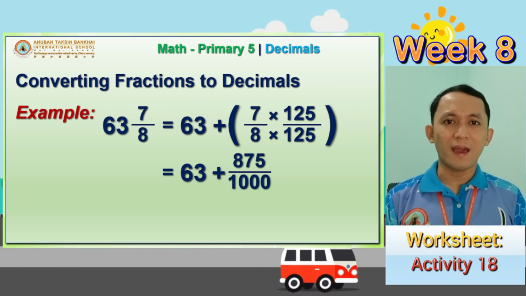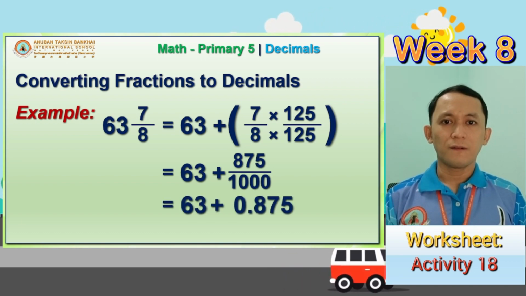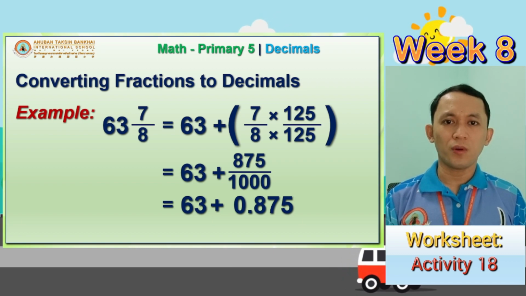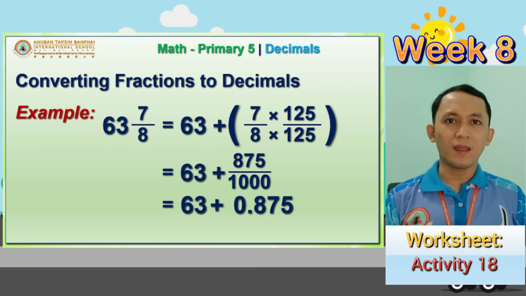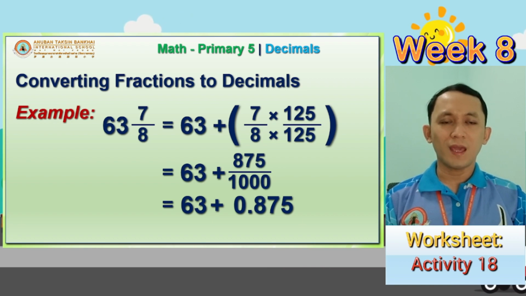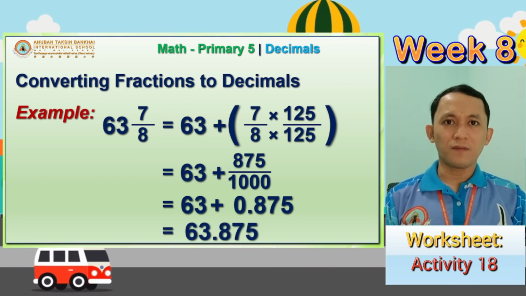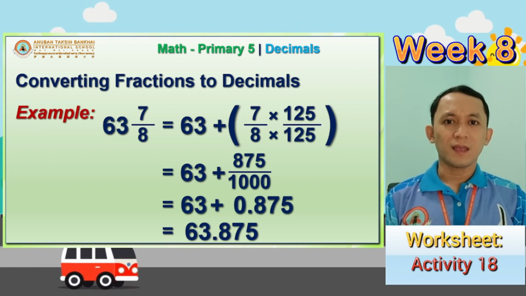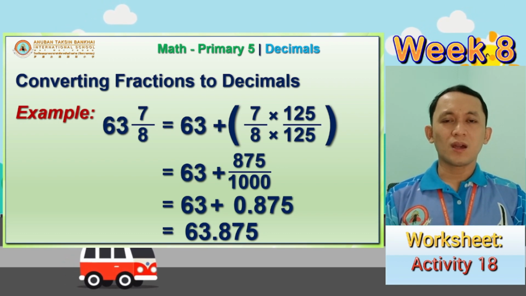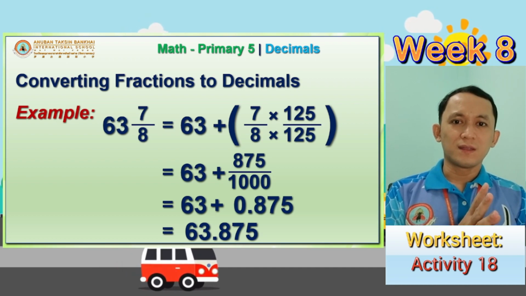We can write it as 0.875. So if we add this whole number and this decimal number, we have 63.875. So this is now our final answer. Okay, so that's how you convert fractions to decimals.